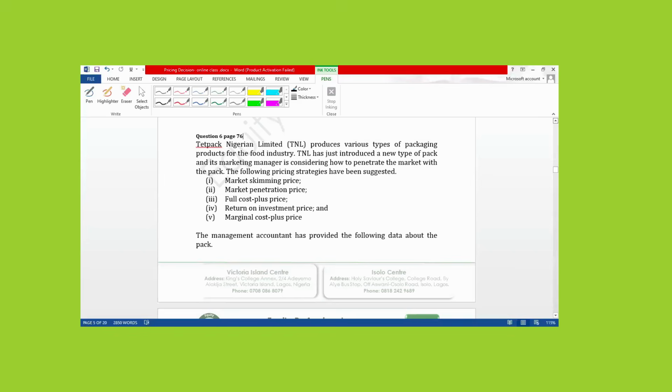You are just introducing the product for the first time. So the question of high demand or low demand does not even come in, because the product is coming to the market for the first time. We now want to determine the price at which we are going to launch our products.